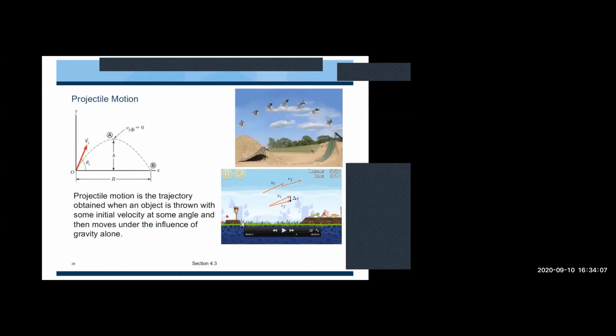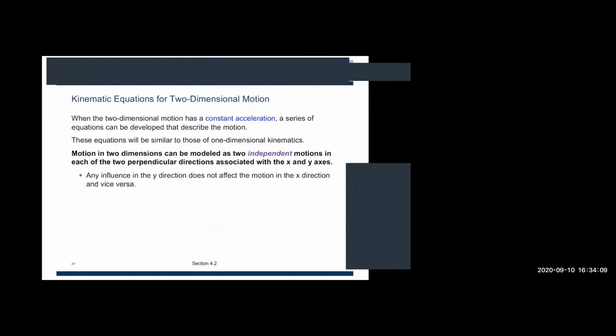The importance of the projectile motion is that you would have definitely a constant acceleration, but this constant acceleration, because it is a vector, has a certain direction. The direction of this constant acceleration is always downwards.